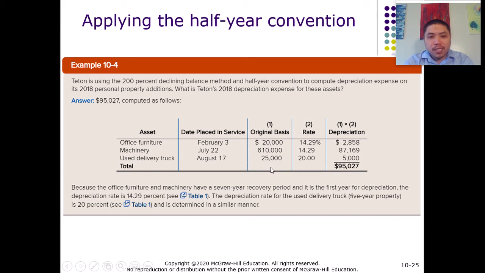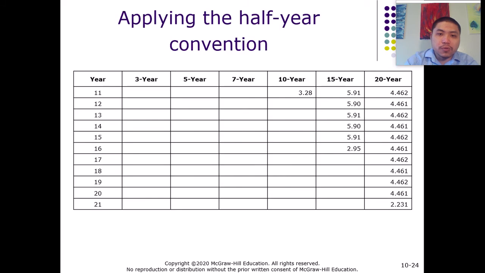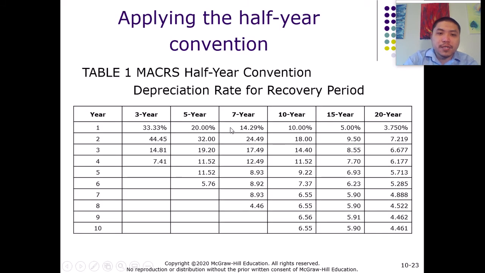So for the first one, office furniture, since we are trying to calculate the first year depreciation expense for the asset, we go back to the table, first year, and furniture is a 7-year property. It has a 7-year recovery period.